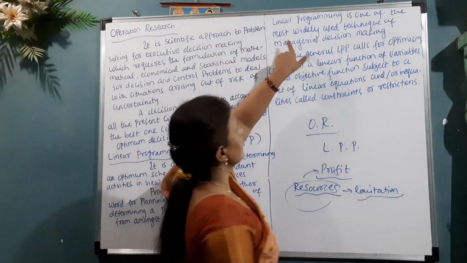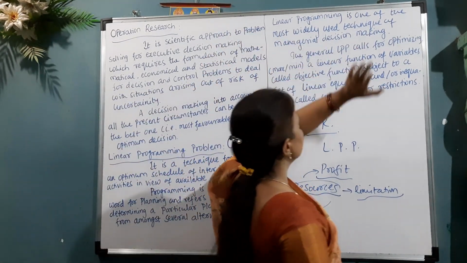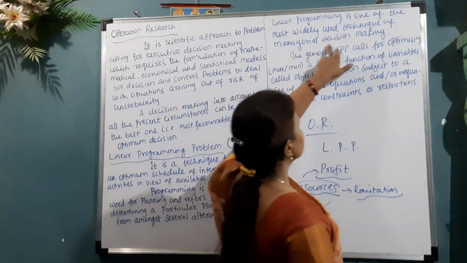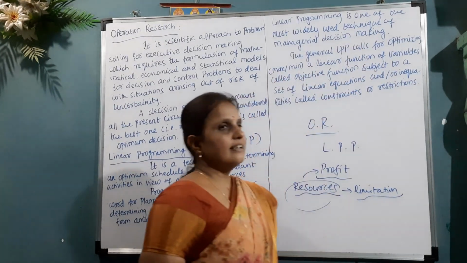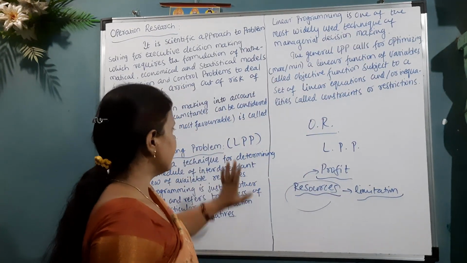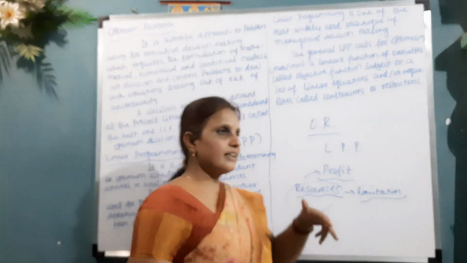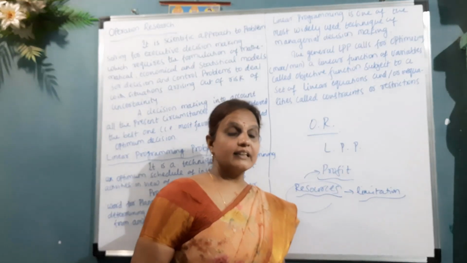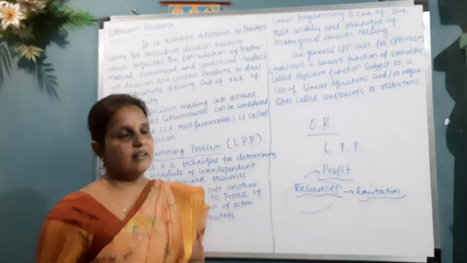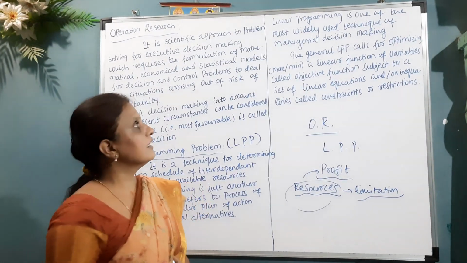Linear programming is one of the most widely used techniques for managerial decision making. It is the most popular one. In this we come across two methods, graphical method and simplex method, which are most widely used.